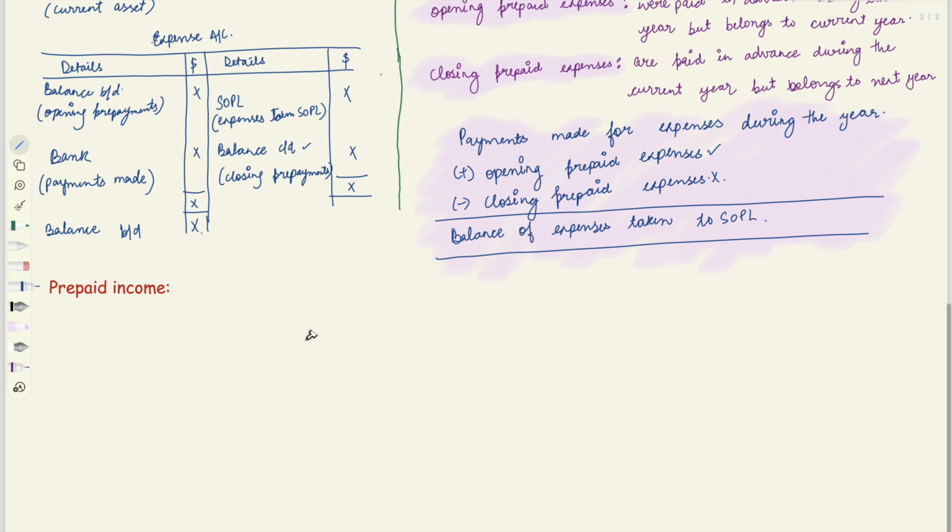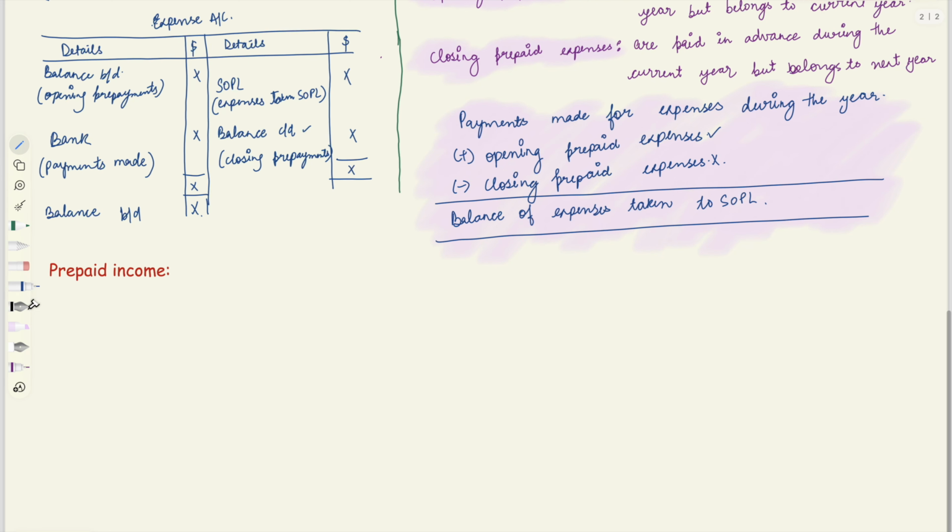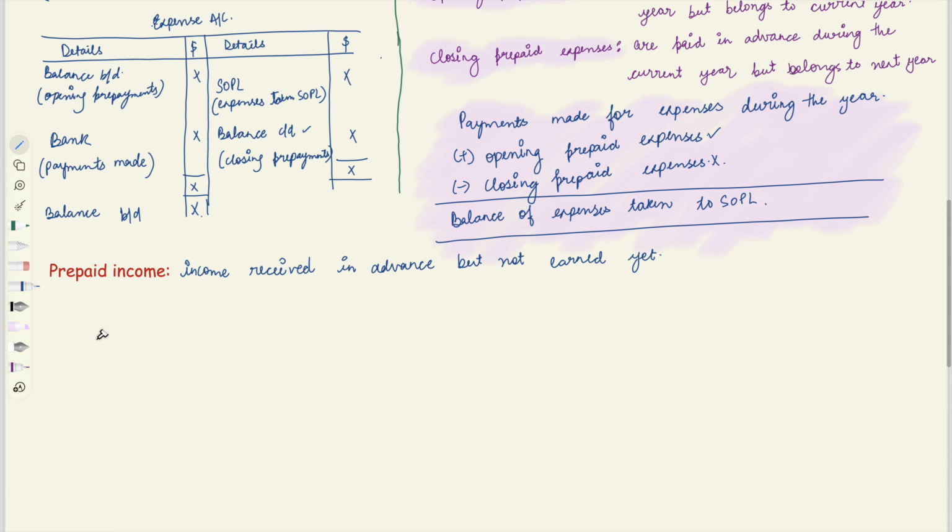All right. Moving forward to the last component of accruals and prepayments, which is prepaid income. Now, prepaid income is income received in advance but not earned yet. Income received in advance but not earned yet is a liability for me.